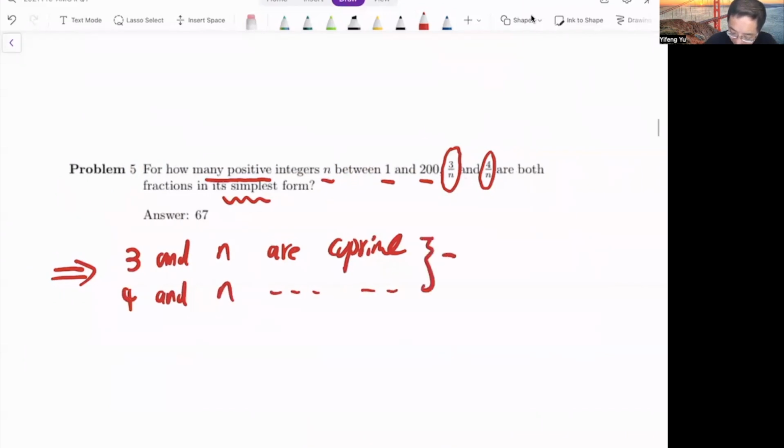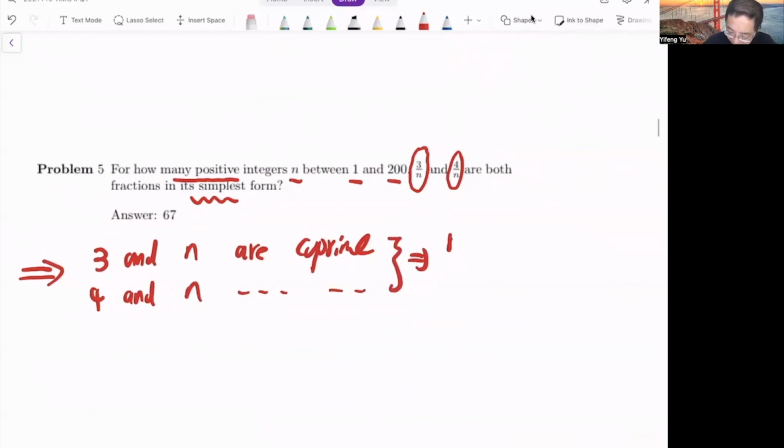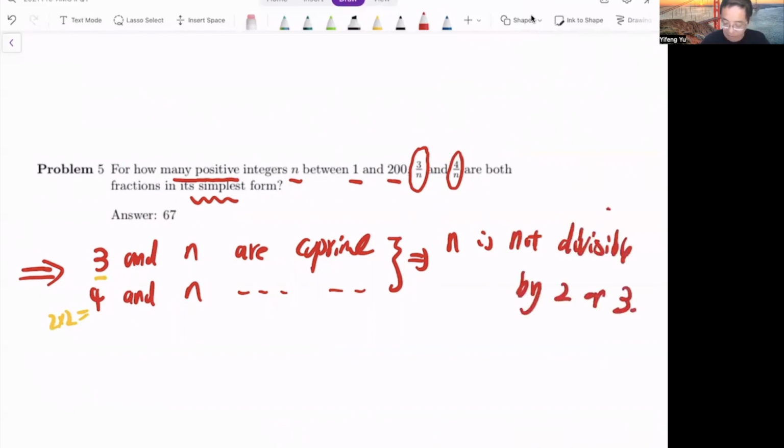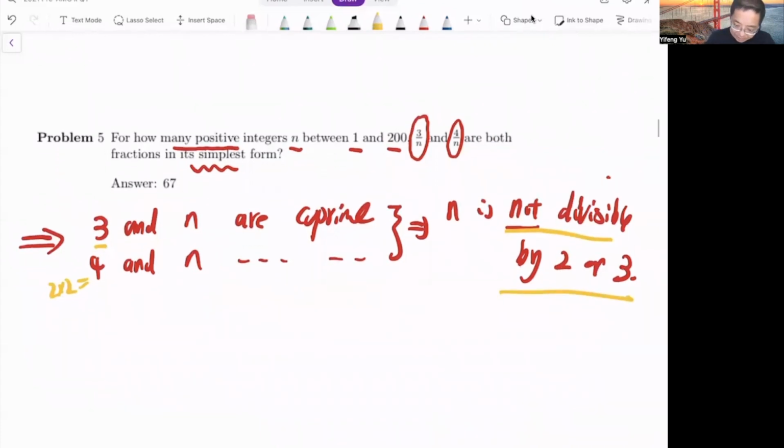Okay, you see, then this just means n is not divisible by... because 4 we know is just 2 times 2, and 3 is already a prime number, so this just means n is not divisible by 2 or 3. All right, so you see this problem is basically saying we are looking for positive integers n between 1 and 200 that are not divisible by 2 and 3.